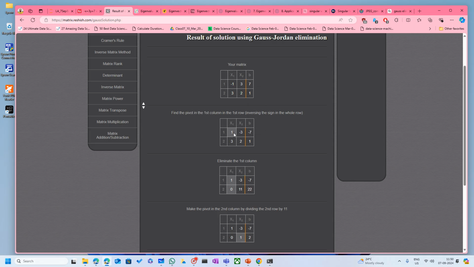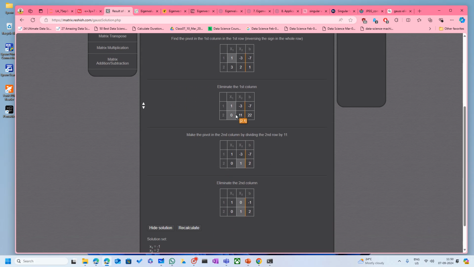Then 3 minus 3 becomes 0. You are subtracting the first row from the second row. So 2 minus -9 becomes plus 11. Likewise, 1 minus -21 becomes plus 22. So that is how you got this here.